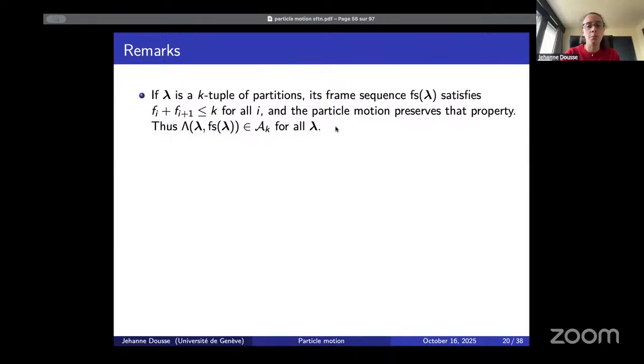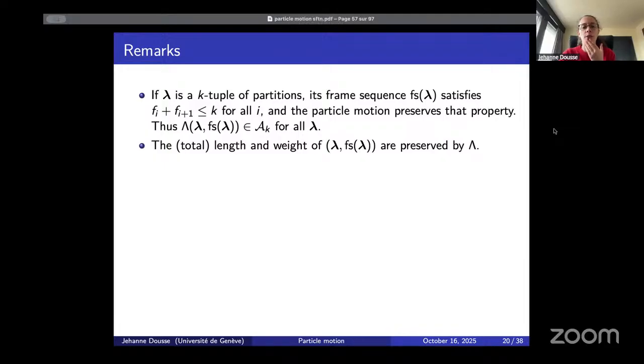So when you apply however many particle motions, which was determined by the k-tuple of partitions lambda, what you get still satisfies this condition. So it is indeed something that belongs to the set AK. The set AK was just partitions satisfying this. Okay, so we are in the right set.